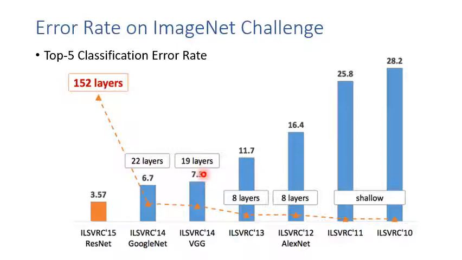The 2014 winner VGG has 19 layers, and GoogleNet has 22 layers. ResNet pushed the limit to 152 layers. Note that the error rate is top 5 classification error, which means your prediction is considered correct if one of your top 5 predictions is the right class.